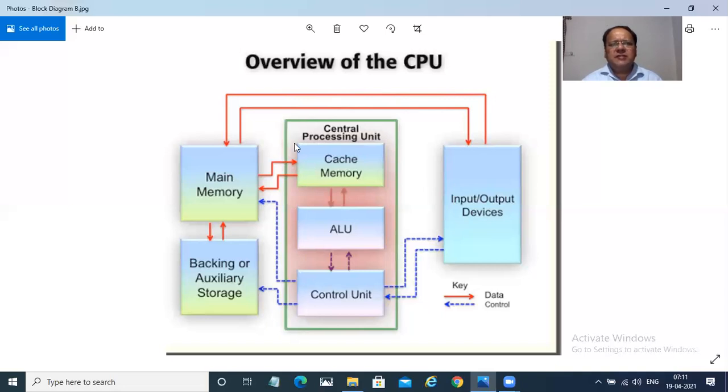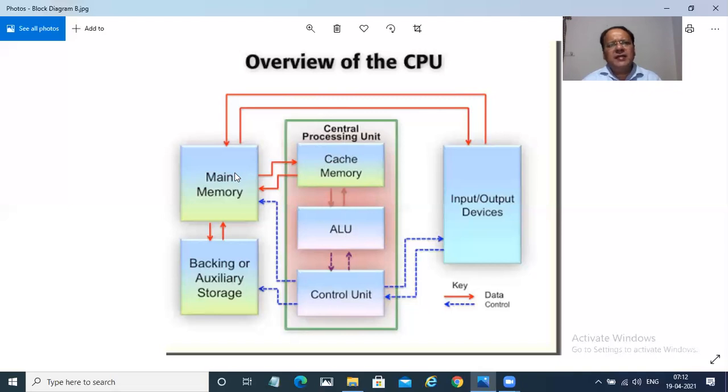Within the CPU, we have the main memory. These are parts of the CPU, but they have nothing to do with the control and the flow of data. You transfer the data into this CPU from the main memory, then the cache memory, ALU and the control unit in tandem control the flow of the data and send the data back to the main memory.